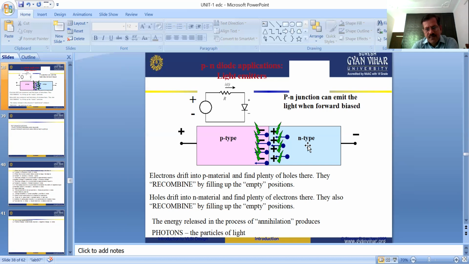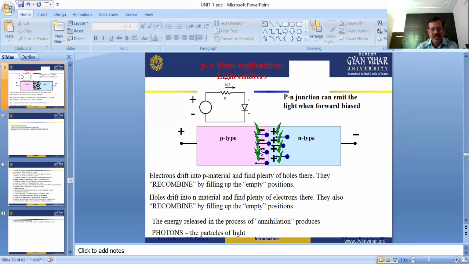So we apply the external voltage in forward bias condition. We connect the positive or negative terminal of the battery, so the P-type side, where the majority charge carriers are holes, is connected to the negative terminal of the battery.